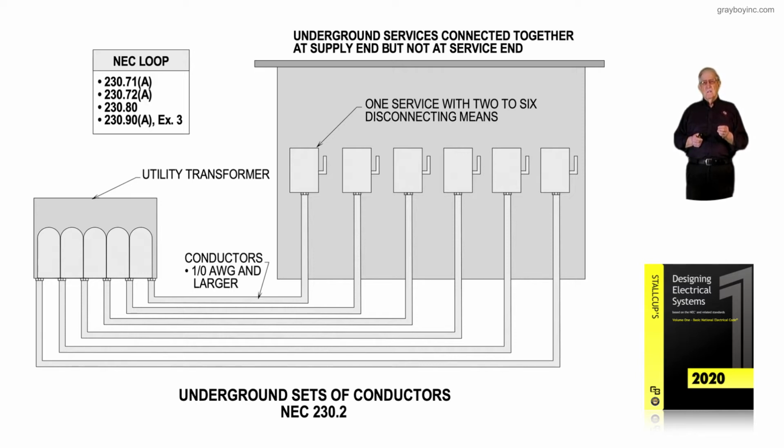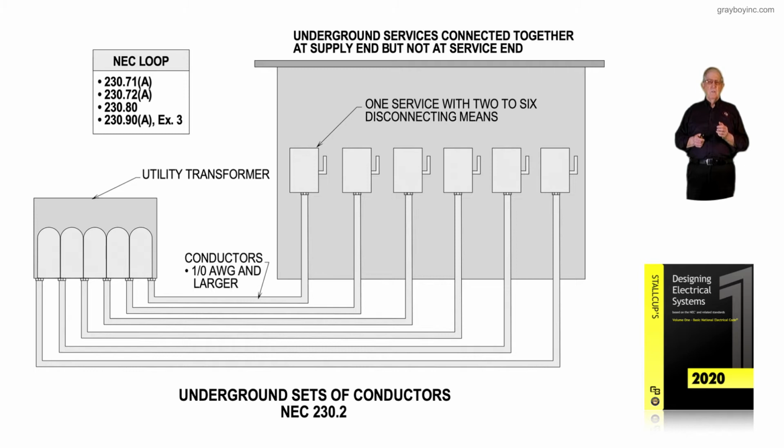And utilities usually require them to be at least 2 foot deep, whether the contractor or the utility installs them. However, if those underground runs you see there, 1/0 or larger, belong to the facility and use rigid metal conduit, then we know that they could be only 6 inches deep.